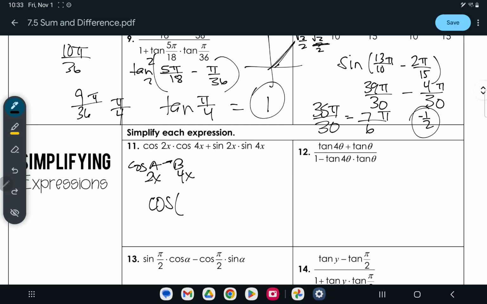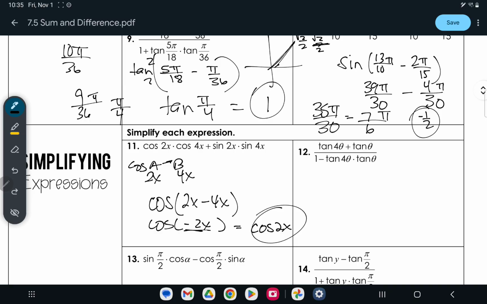So cosine of 2x minus 4x, and then you get cosine of negative 2x. But remember from our identities yesterday, cosine of a negative angle is actually the same as if it was just positive.